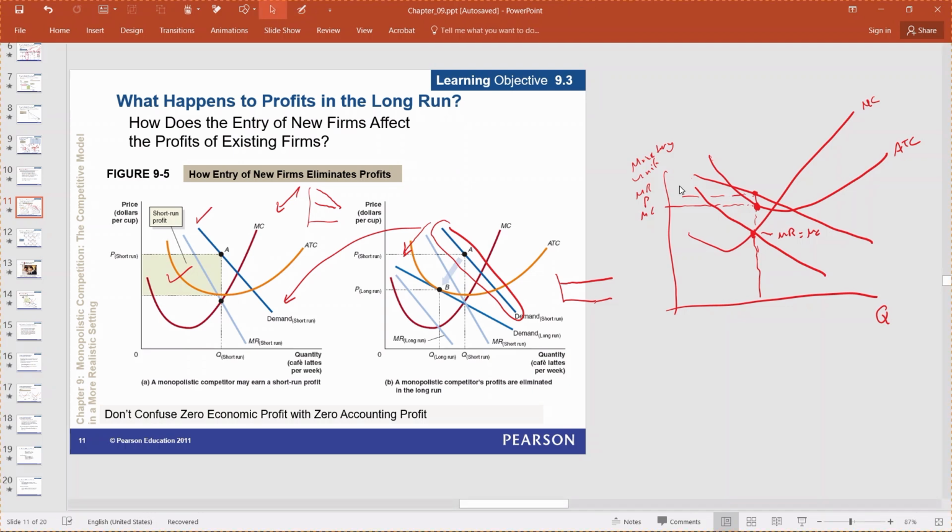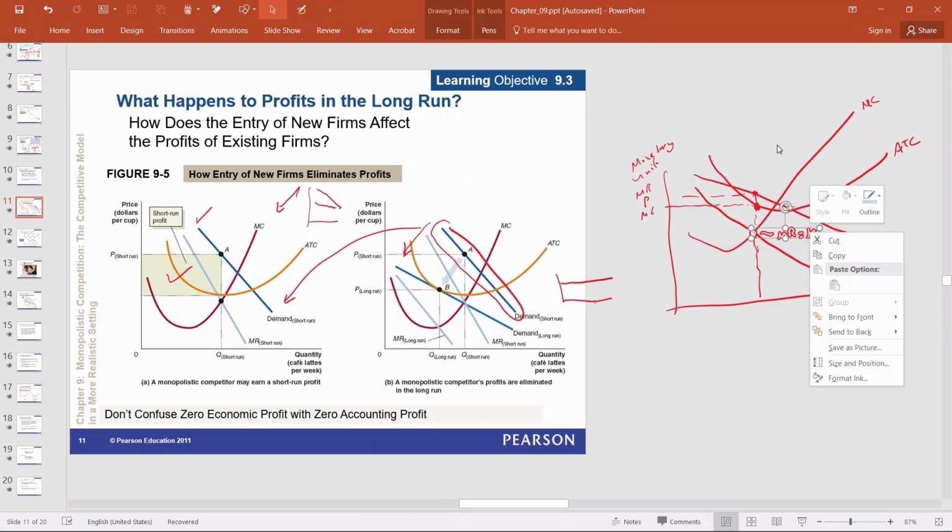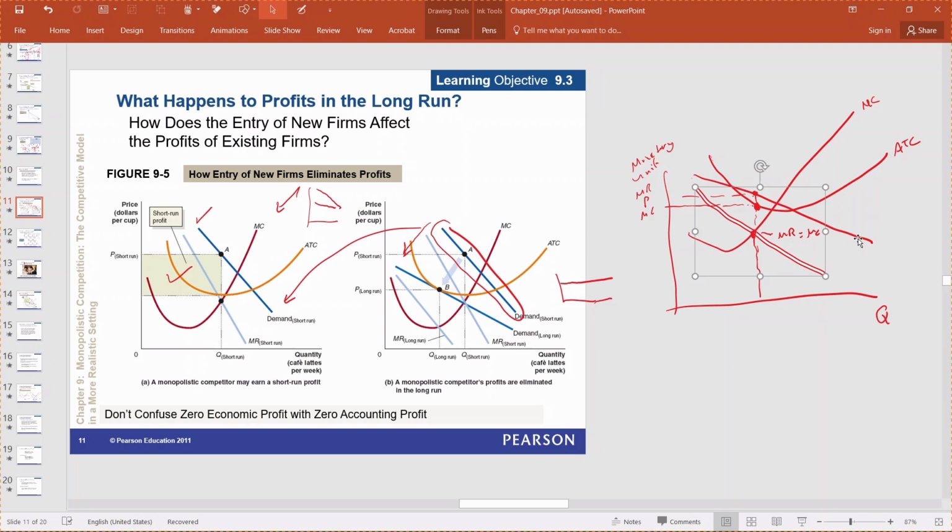So all I need to do in PowerPoint is take this curve, and also this curve, and this curve and this curve, and I will group them. I will do it again.